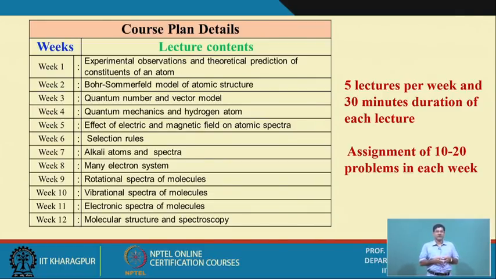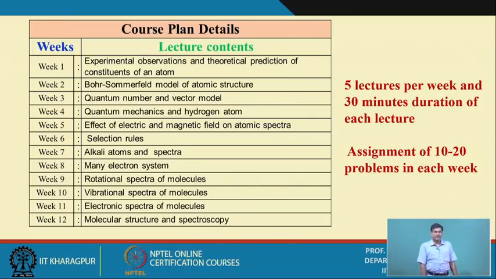In the second week we will discuss the Sommerfeld model of atomic structure, then quantum number and vector model, quantum mechanics and hydrogen atom, then the effect of electric and magnetic field on atomic spectra.